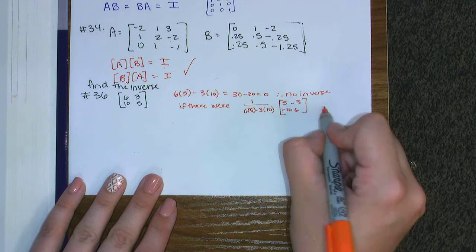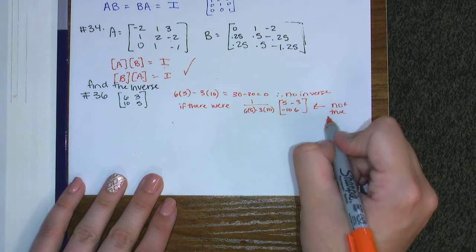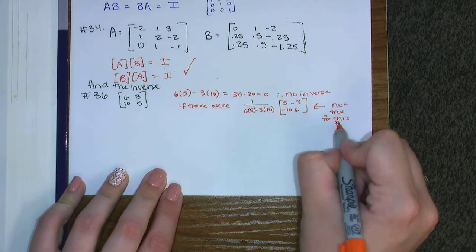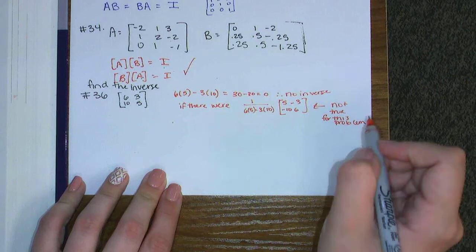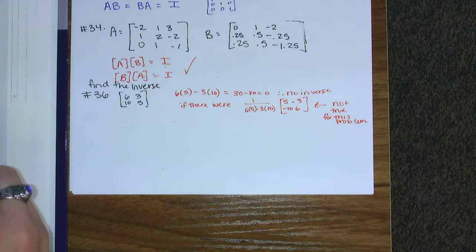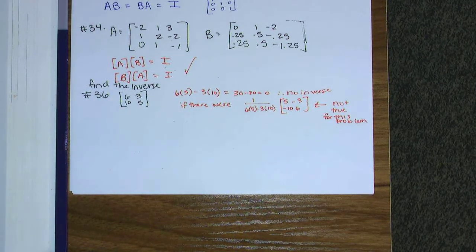For this one, this is not true, so this is not true for this problem. I'm just showing you how you would set it up because the one I'm giving you does, in fact, have an inverse. I just wanted to make sure you could see that setup.